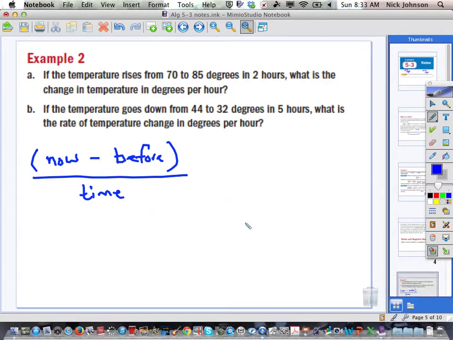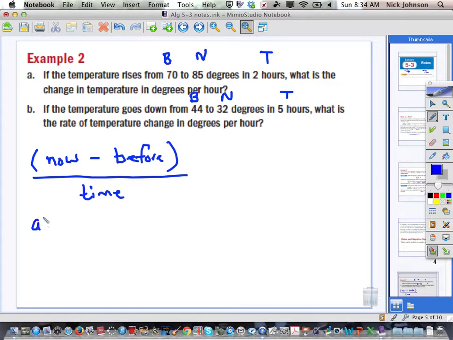If you look at this, this is what it was before, this is what it is now, and that's my time. So when you follow this method, you don't have to worry about whether it's positive or negative, because when you do your math, it's going to come out positive or negative.